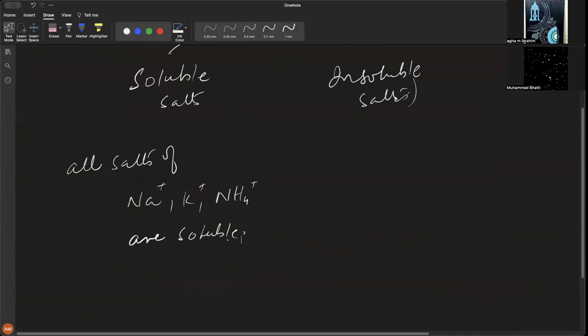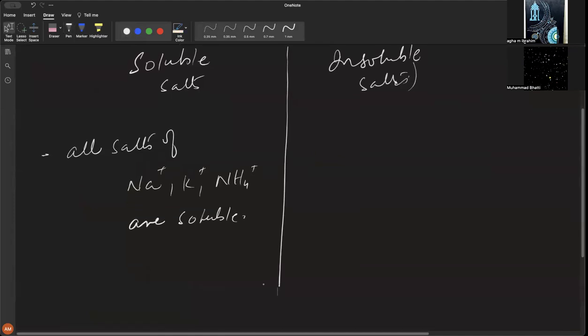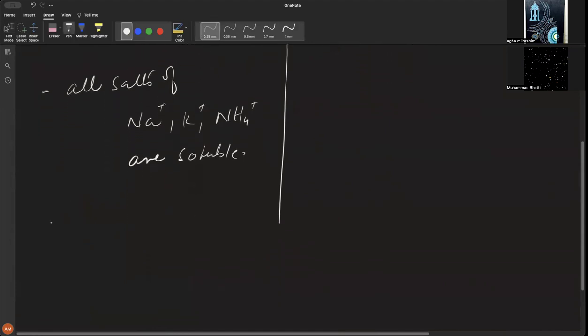You get it? All salts of sodium, potassium, ammonium are soluble. Secondly, all salts of nitrate are soluble.